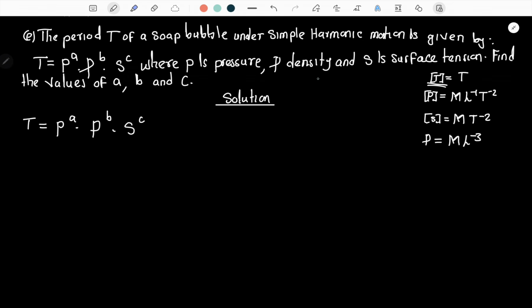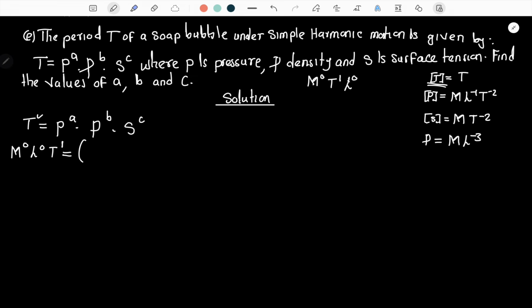Because we only have T, it's going to be M to the power 0, L to the power 0, T to the power 1. Just put a 1, it's okay.